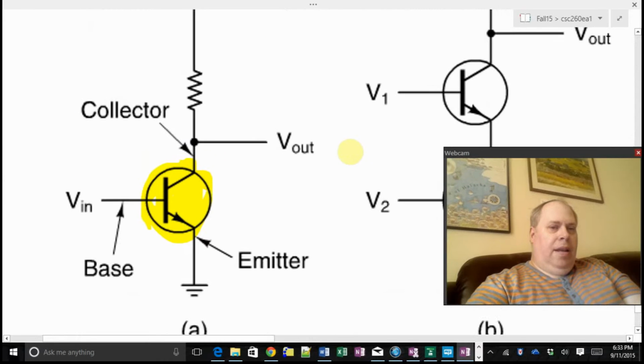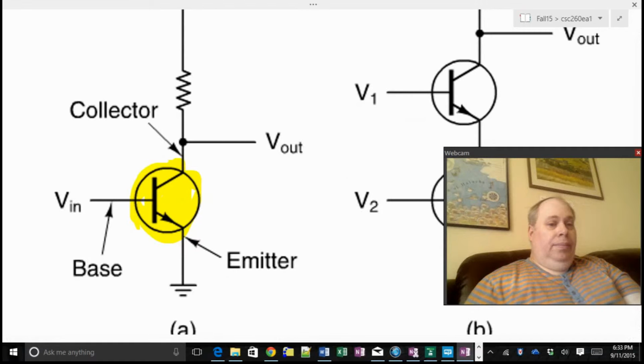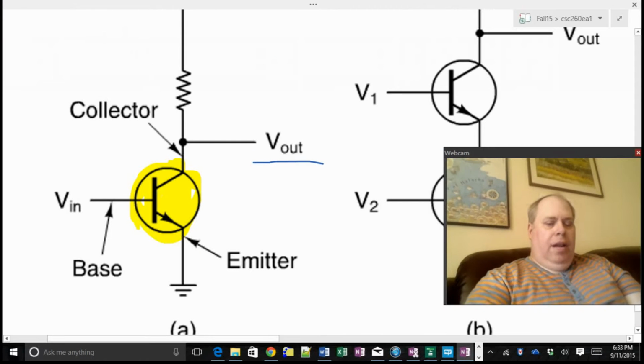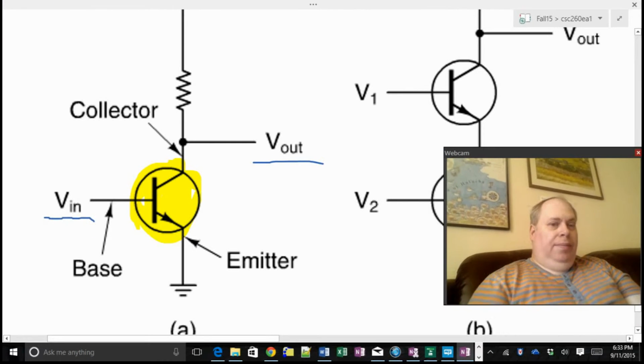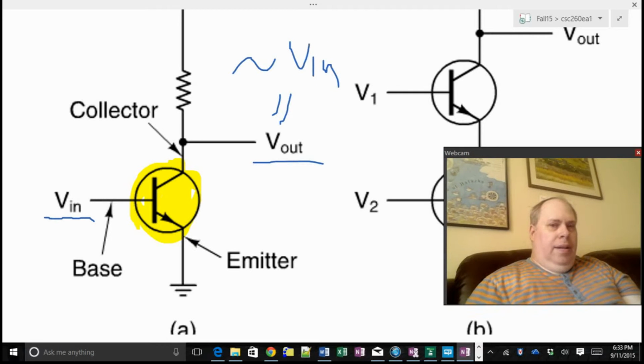That means that it's implementing not. So V out here is not V in. V out equals not V in. There are a lot of different ways to write it, but that's the one I've been teaching lately.